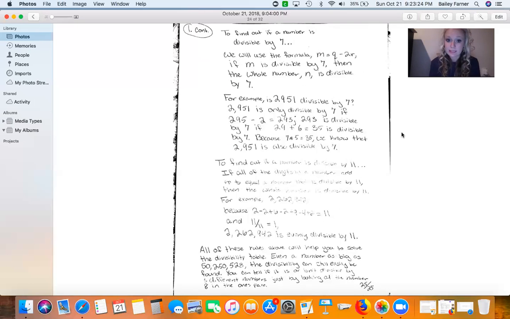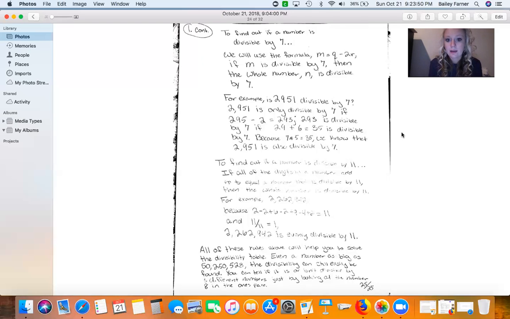For example, 2,951, is that divisible by 7? We know that it's only divisible by 7 if 295, the first 3 digits, minus 2, which is the 2r, 1 would be r, and then we would multiply it by 2 in the equation. And so we know that equals 293. And then we can take 293 and see if it's divisible by 7 by taking 29, the first 2 numbers, which would be q.